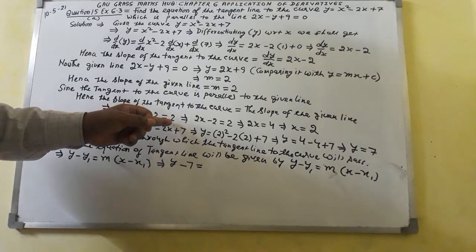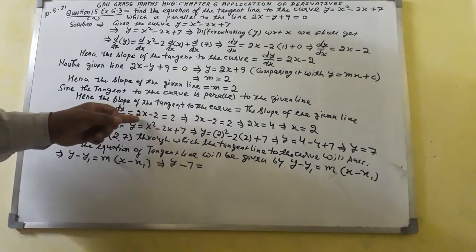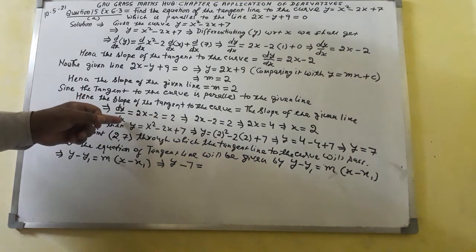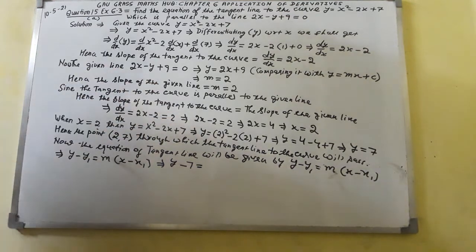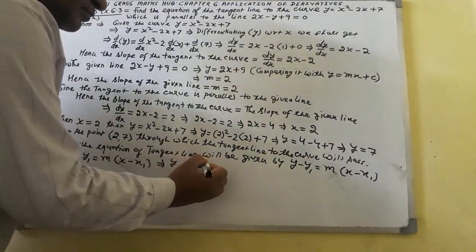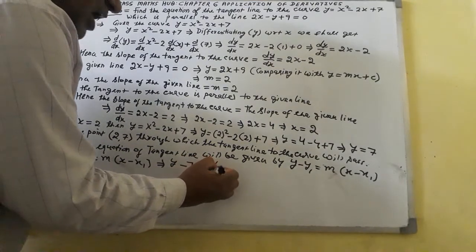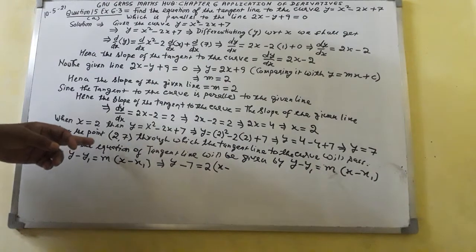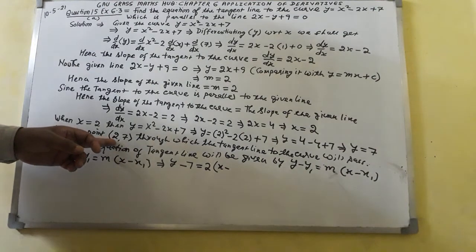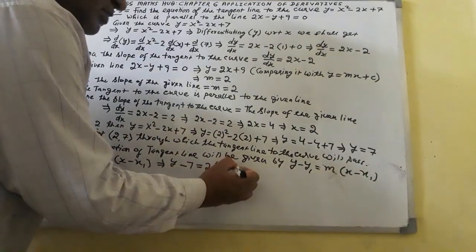This means that the value of m you have got 2, because dy over dx is the same as m, equal to 2. In bracket I shall write x minus x1, x1 is 2.